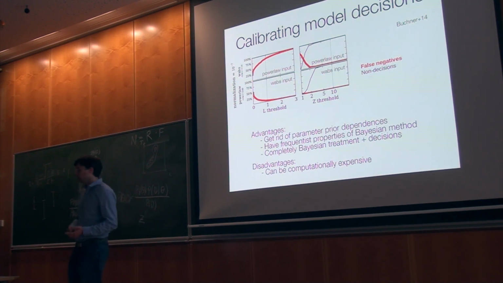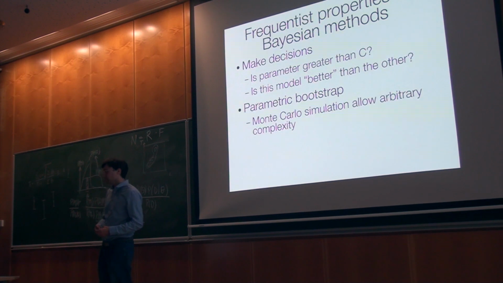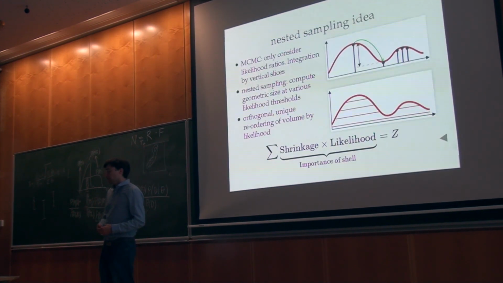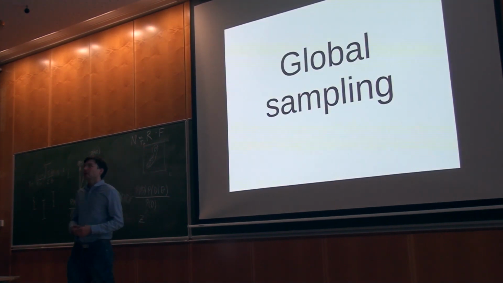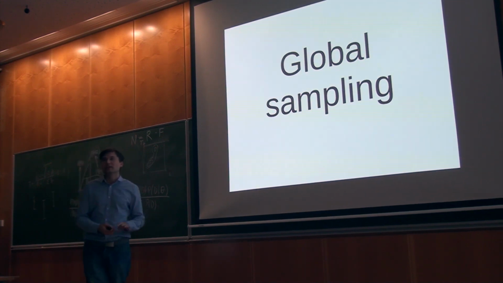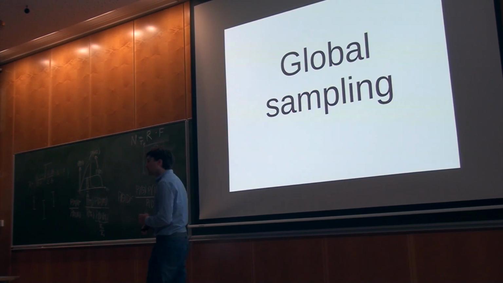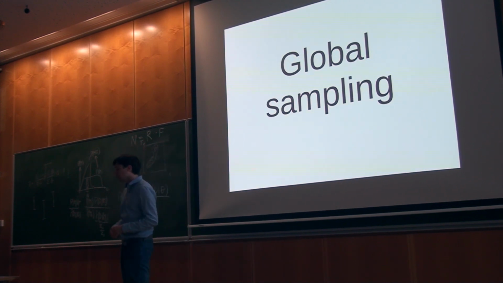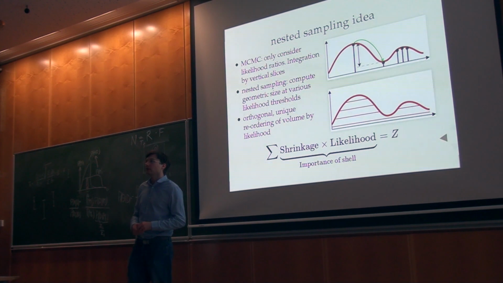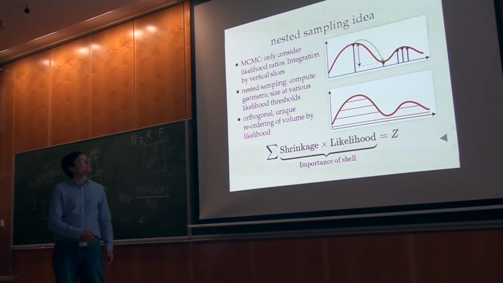So how can we do that? Here now I'm coming to this fourth category of parameter exploration algorithms, which I summarized as global sampling, and I want to present nested sampling in particular. And the idea is the following.